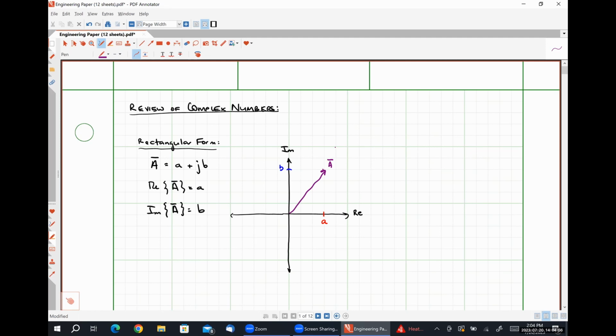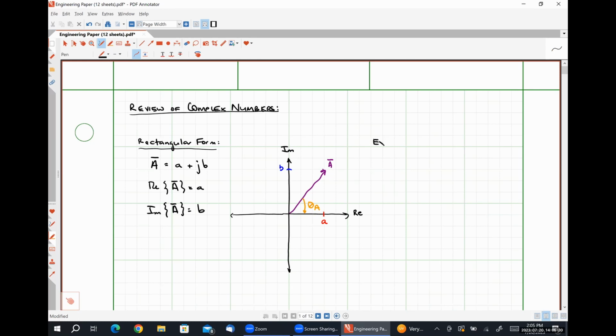It should be fairly obvious that we could represent this complex number in a polar form by recognizing that this complex number makes an angle with the positive real axis. I'm going to call this angle theta A. Using these polar coordinates, we can come up with two different representations.